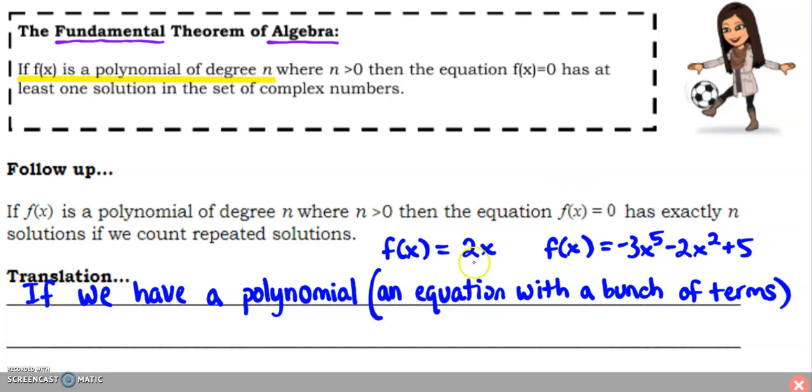So if we have something like one of these polynomial situations, as long as it has an exponent, that's really what degree n, where n is greater than 0, means. This right here means we have an exponent.